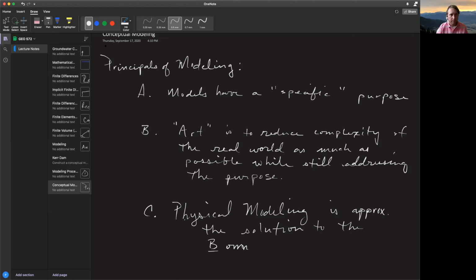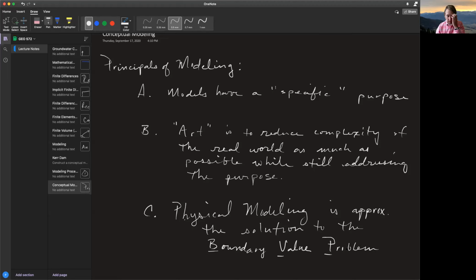And we've spent quite a bit of time talking about what we need and techniques we use to go about solving the boundary value problem.